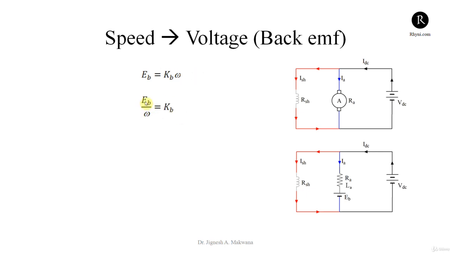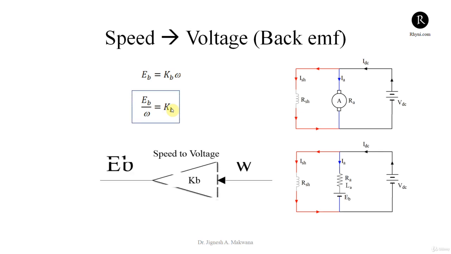Output is back EMF, input is speed. So speed produces the back EMF with the constant Kb, and we can represent the same thing with an arrow: speed to voltage.